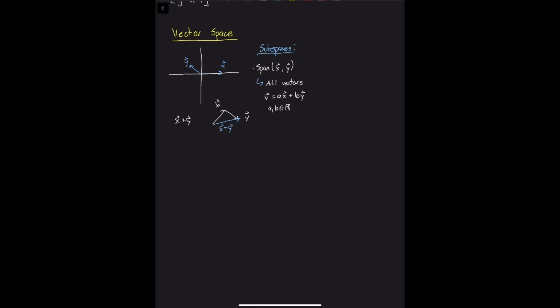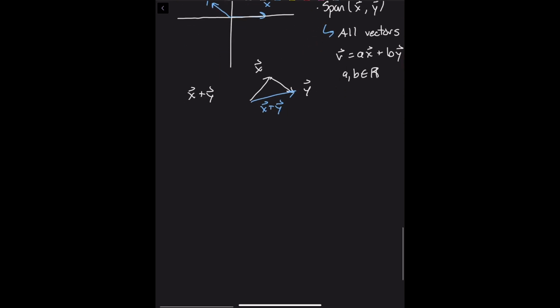All right, so now I want to talk about something called linear independence. Linear independence basically just means that one vector can't be just the sum of another vector.